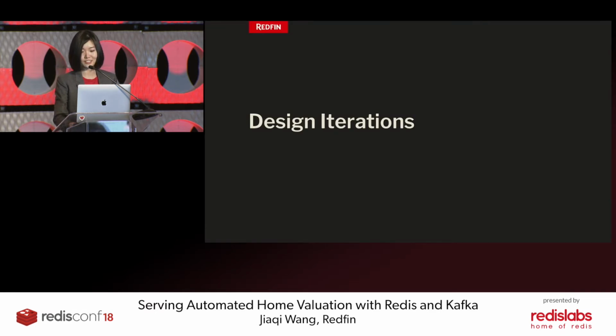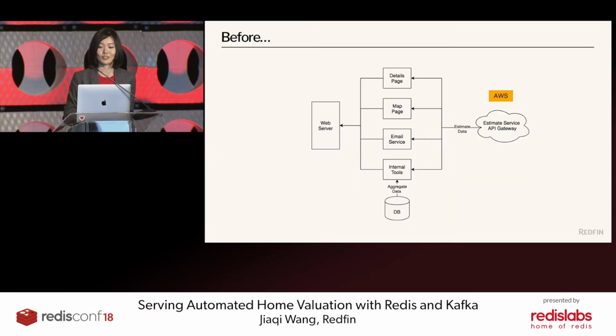Onto design iterations. Coming back, this was our stack before we fitted a cache layer into our system. On your right side, we have an estimate API set up on AWS behind the Amazon API gateway, serving raw estimate value.